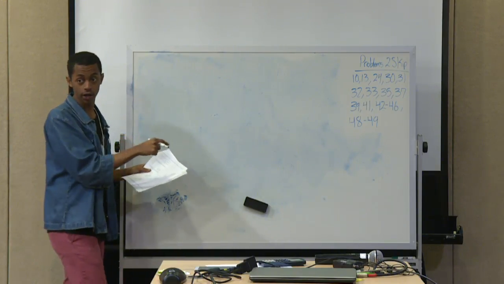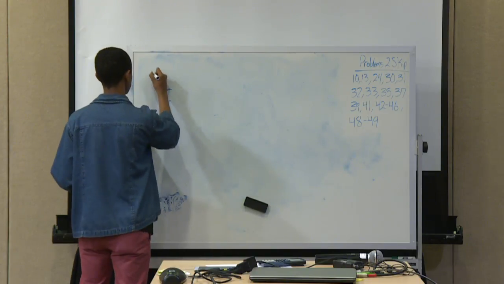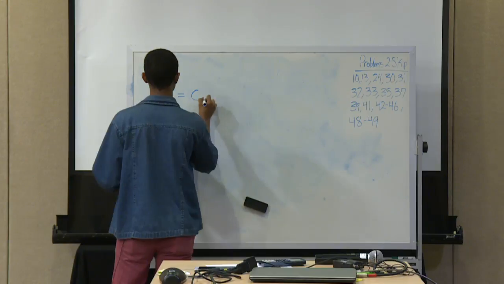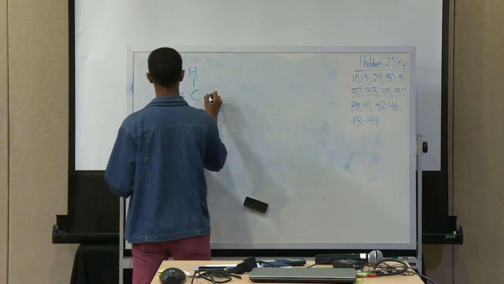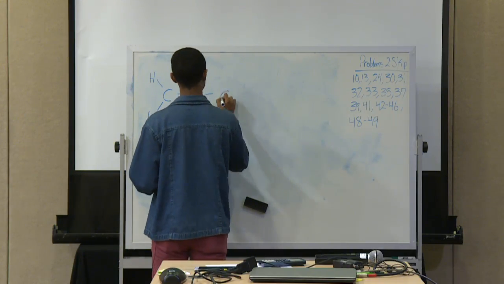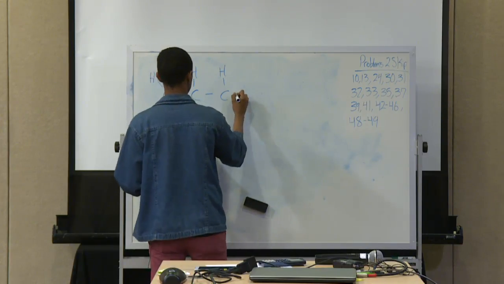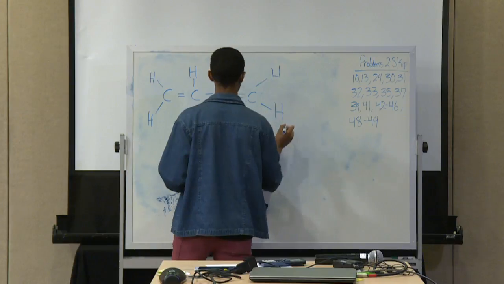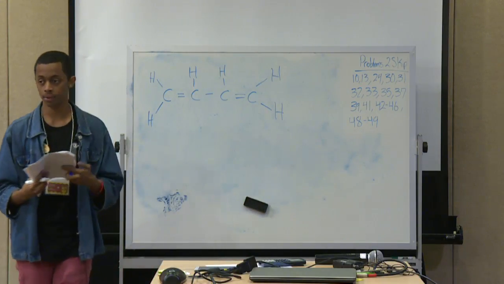So when you see that, just draw it out. So I've got CH2, double bond CH, single bond CH, double bond CH, and H. And it asks how many sigma and how many pi bonds are there.